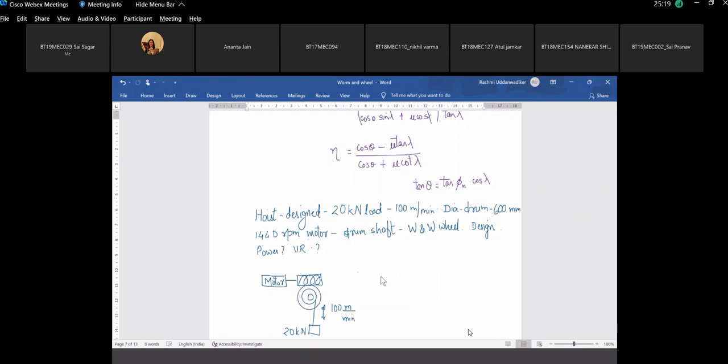In the side view, if you try to draw the same sketch, this is the worm. On the shaft, this is your gear. Here there is a drum shaft.